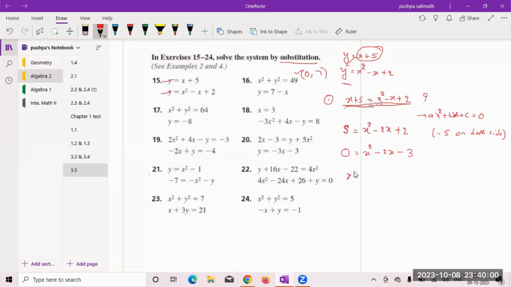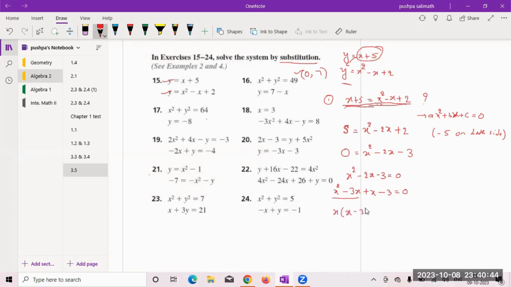Okay. So what the equation is here? x square minus 2x minus 3 is equal to 0. So can we factorize this equation? What do we get? x square minus 3x plus x minus 3 is equal to 0. If I consider these two terms, I'll get x common.